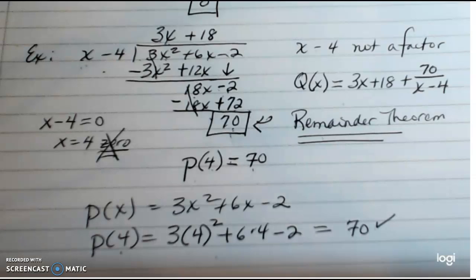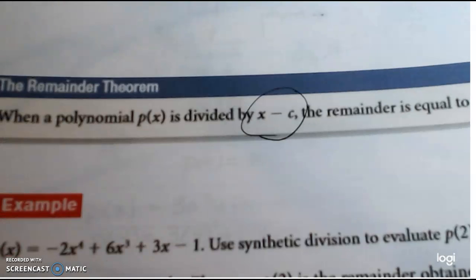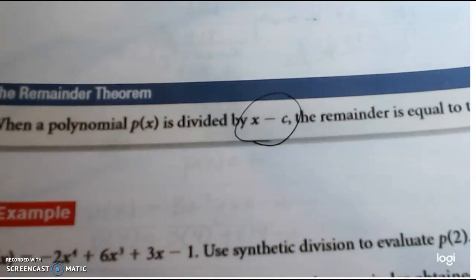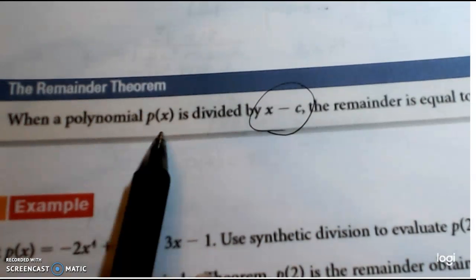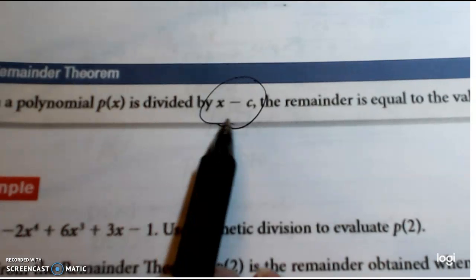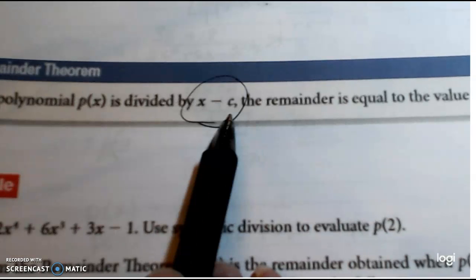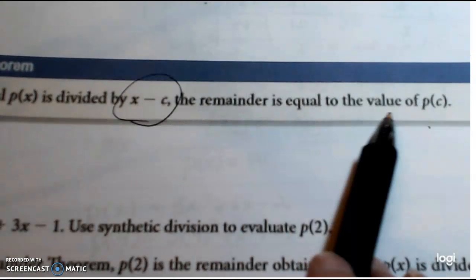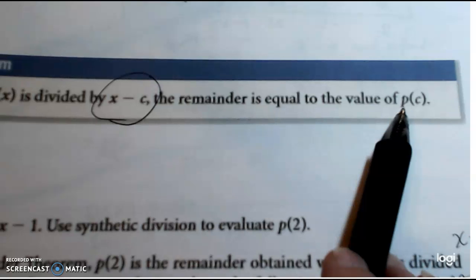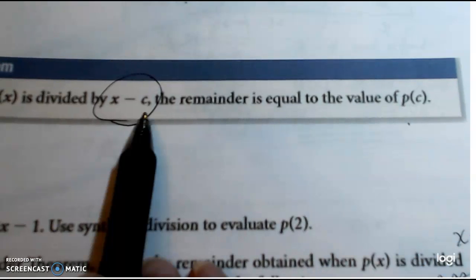You'll find it written in your textbook. It's a little bit confusing, but here's the reading of it. When a polynomial p of x is divided by some factor, or divided by a binomial, in the form x minus c, the remainder is equal to the value of the polynomial for the input value of c.